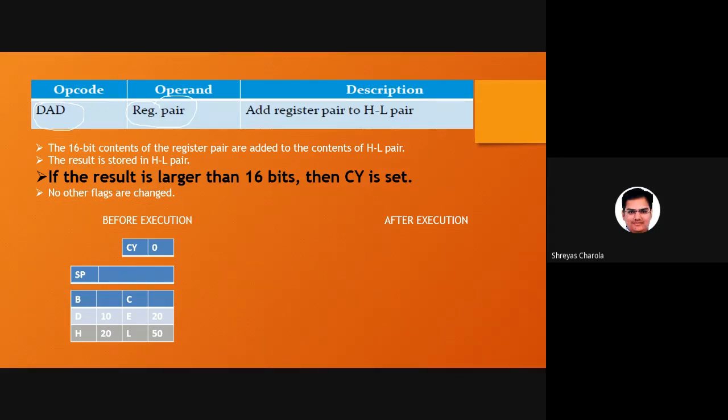Okay, very good. Abhishek, BC, DE and HL, they are the register pairs.